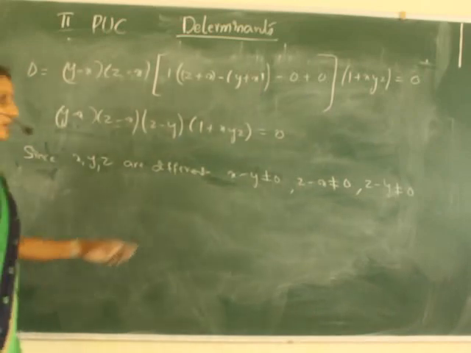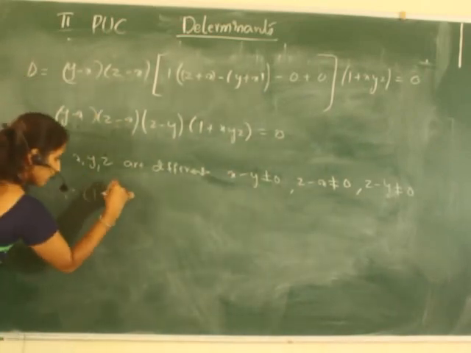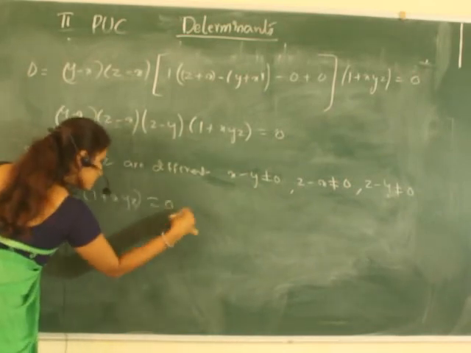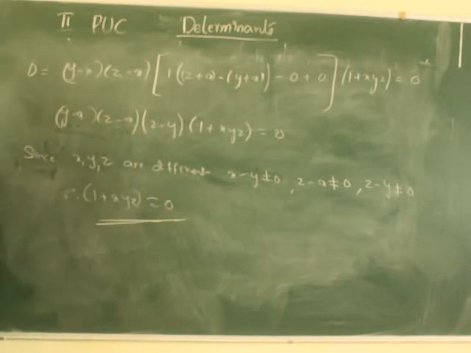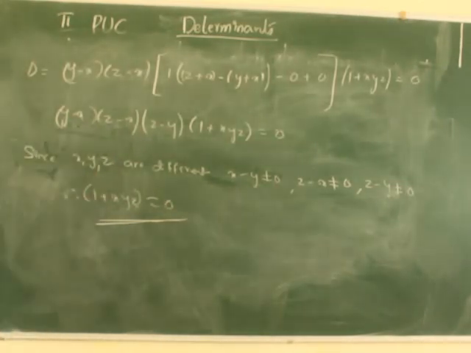If you take them as 0, we get them equal. Therefore 1 plus xyz equal to 0. So this is about that problem.